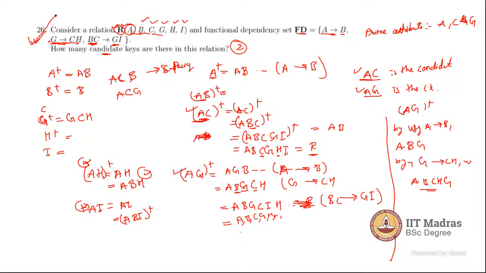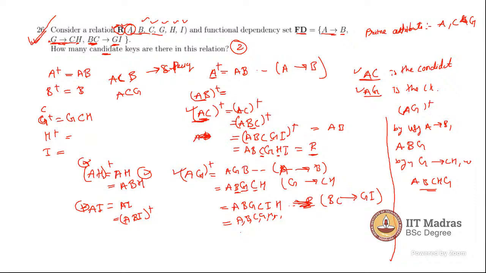Not that. What I am telling about is, when you are finding the closure set of a candidate key, it should have all the attributes. Is it correct? You all have learnt about that, right? So suppose in this example, AG is a candidate key.